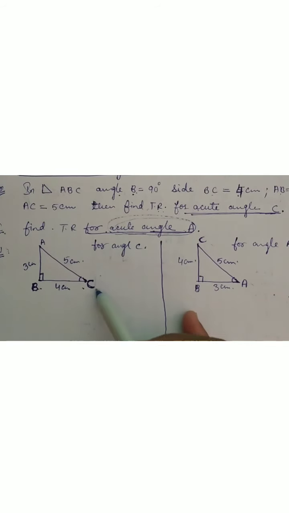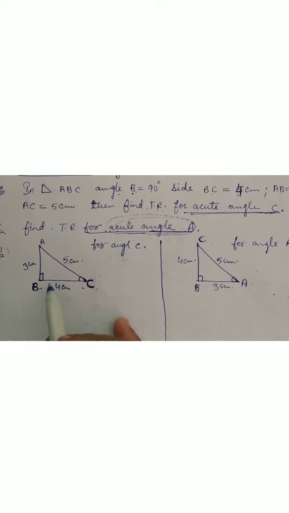When we change the acute angle or label of the diagram, what is the change?